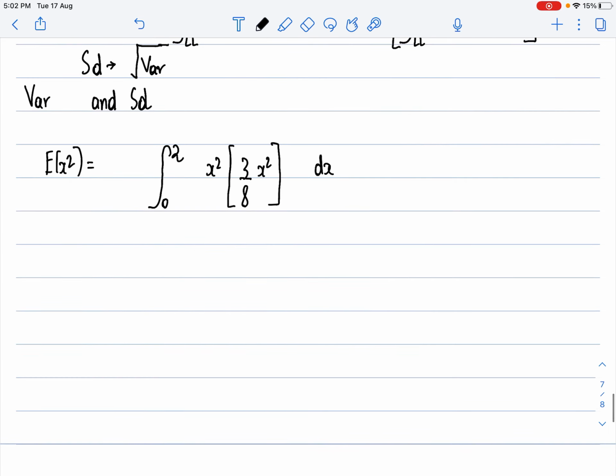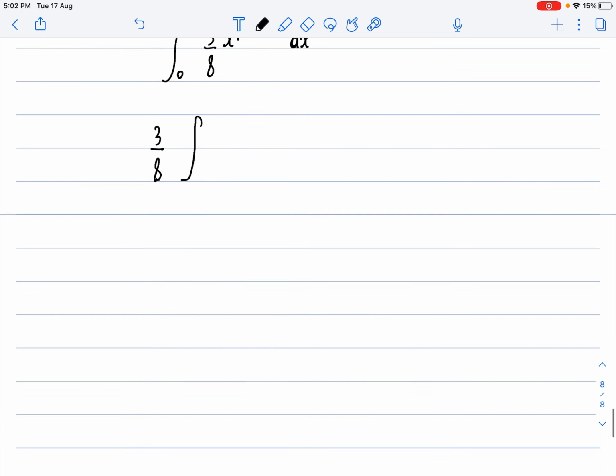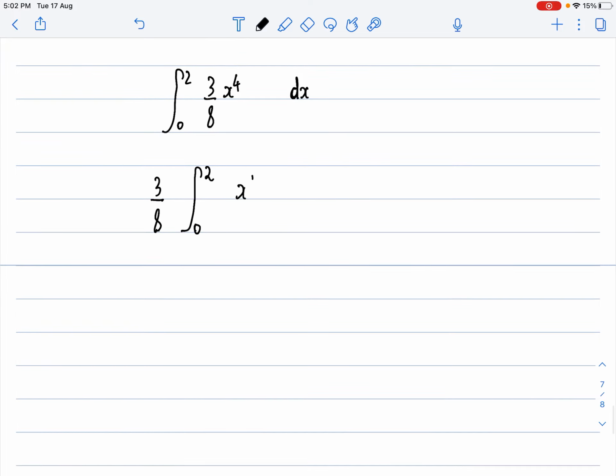Now I can write this as 3 over 8 x raised to 4 with the integration from 0 to 2 dx. Now I can write this as 3 over 8, from 0 to 2 with x raised to 4 dx, sorry for the bad writing.